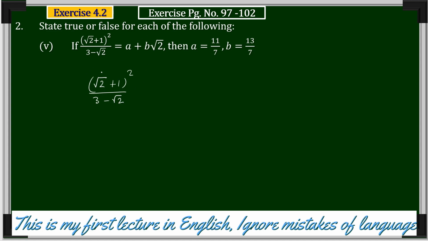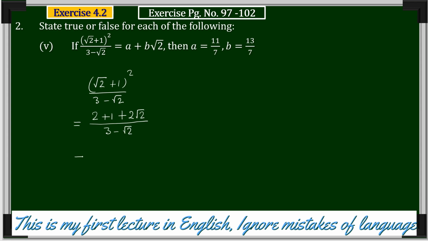Simplify the numerator. Square of root 2 is 2, square of 1 is 1, and twice the multiplication of both numbers: root 2 into 1 is root 2, and its twice is 2 root 2. I am using the formula a plus b whole squared, and writing the denominator the same.